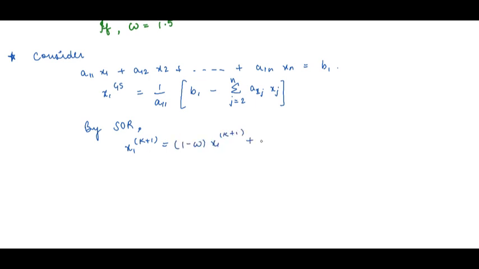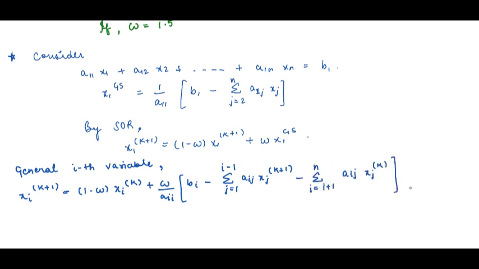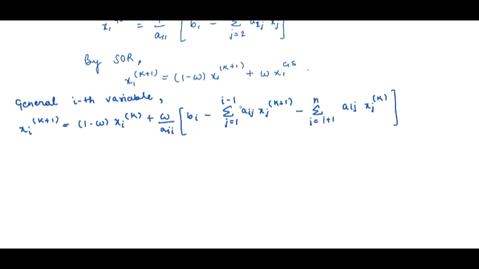Similarly, for the general ith variable, we get x_i^(k+1) equals (1 minus omega) times x_i^(k) plus omega by a_ii multiplied by b_i minus summation a_ij x_j^(k+1), where j is from 1 up to i minus 1, minus summation a_ij x_j^(k), where j is from i plus 1 up to n.